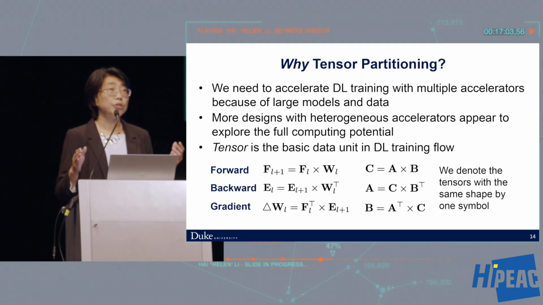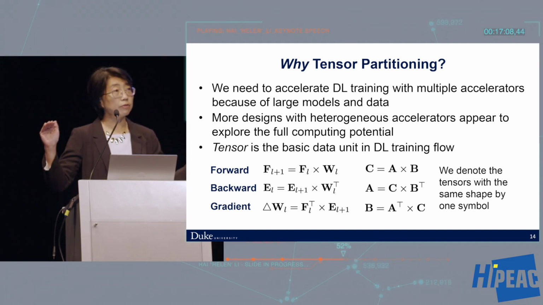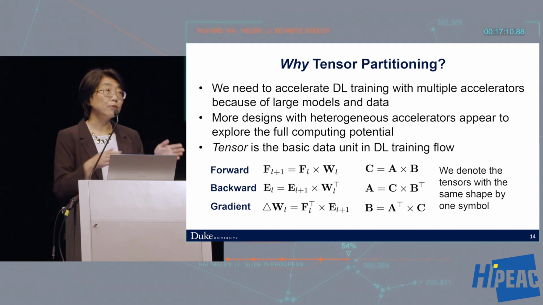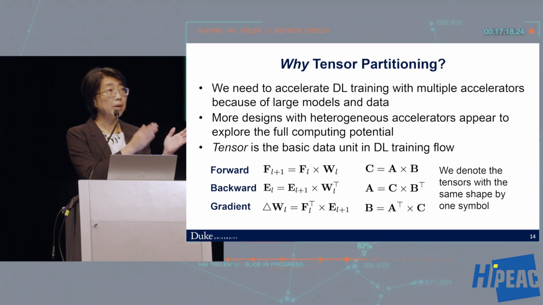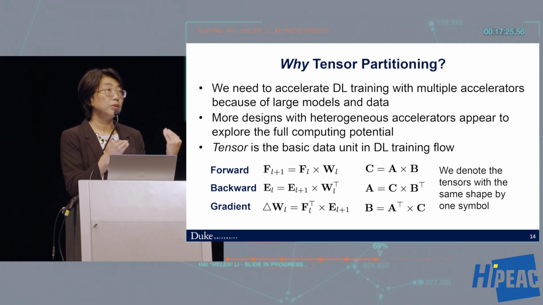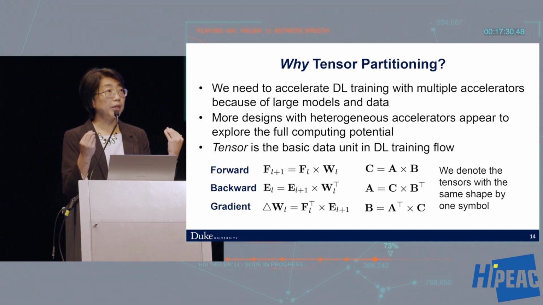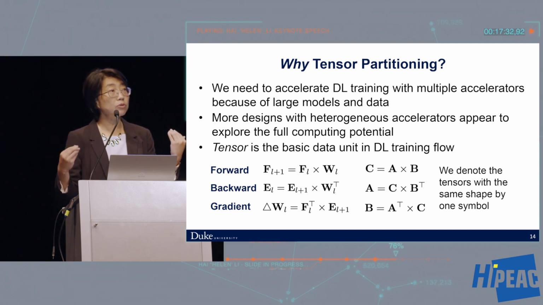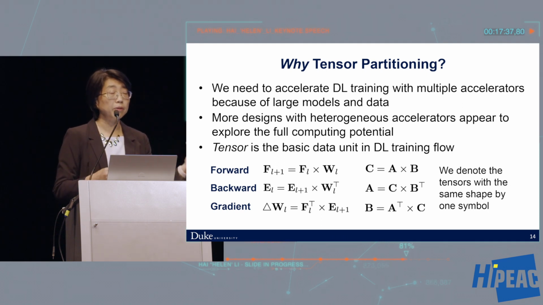Here we are looking at tensors, where a tensor indicates the basic data unit in deep learning training. In the training procedure, we highly abstract it into 3 stages. The first stage is the forward path. For one layer L, the forward path takes the input feature map, multiplies it by the weight matrices, and produces the output feature map. On the backward path, the error matrix is backpropagated and multiplied with the transpose of the weight matrices to produce the error matrix for the previous layer.